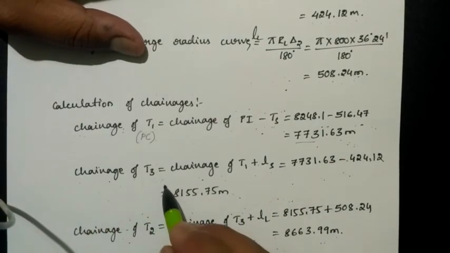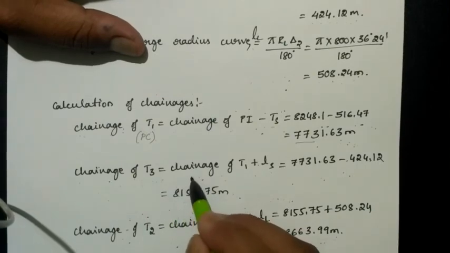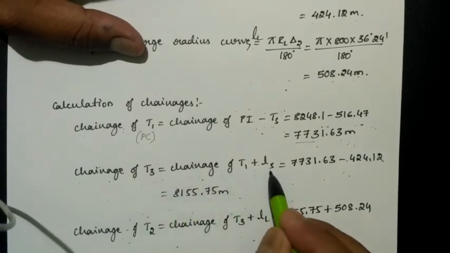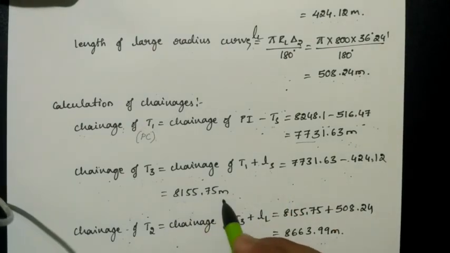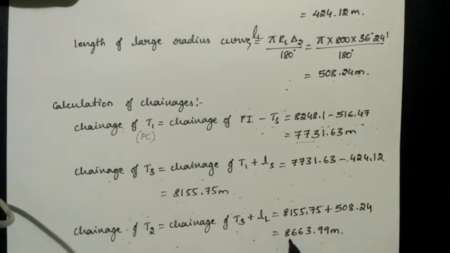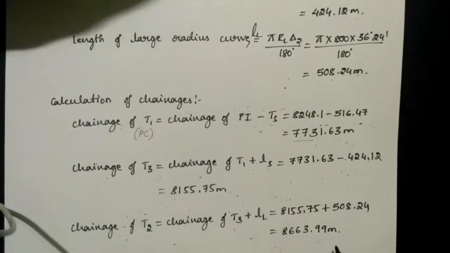Next, the chainage of T3, it is nothing but chainage of T1 plus the length of the curve corresponding to the smaller radius, which comes around 8155.75 meter. Next, chainage of T2, chainage of T3 plus the length of the curve corresponding to the large radius, it comes around 8663.99 meters.